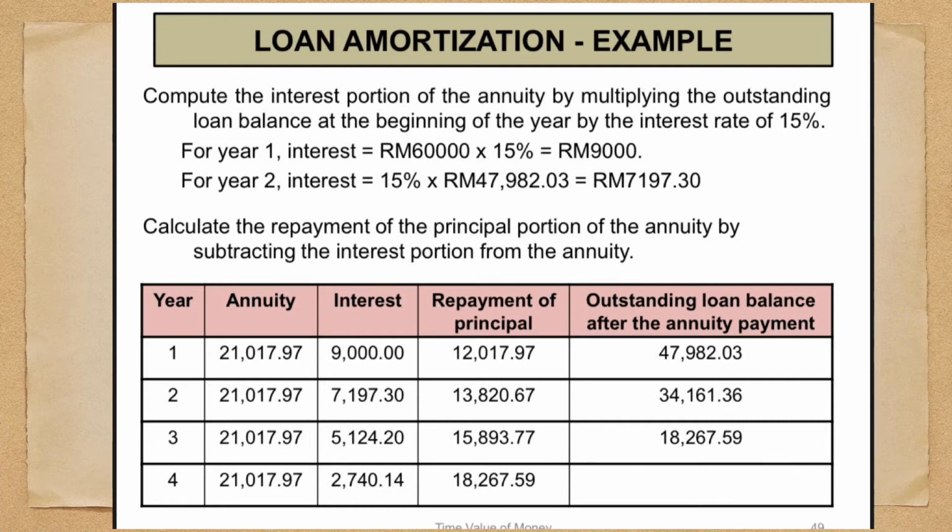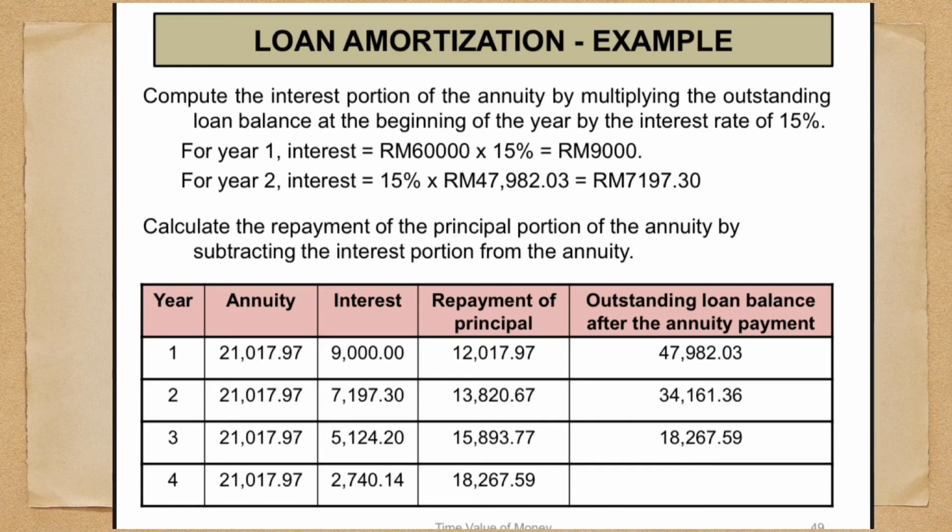The last column, the outstanding loan balance after the annuity payment, is the amount borrowed, 60,000, minus the principal of 12,017 ringgit and 97 cents. So the outstanding loan balance is 47,982 and 3 cents. We have done the year 1 calculations.